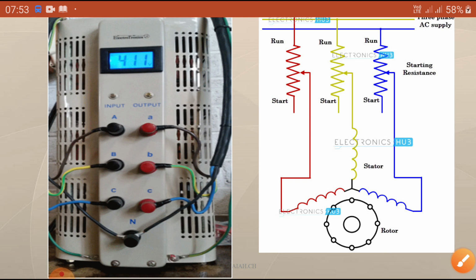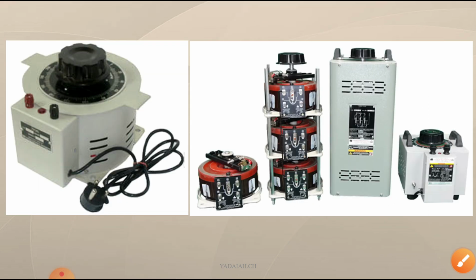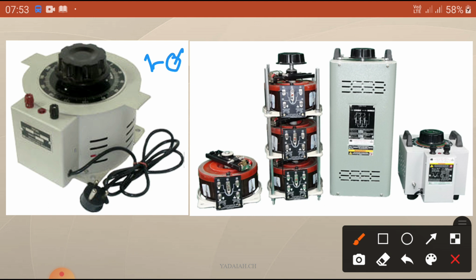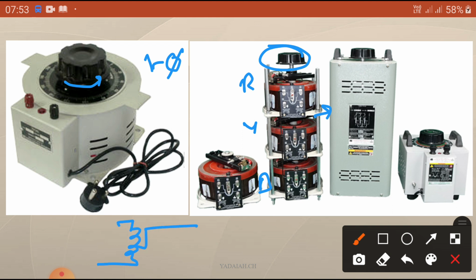Okay, now you can see the practical use. This is a single phase variac. You can observe it in our laboratory. By changing this knob, we change the number of turns. This is a three phase variac, with R phase, Y phase, B phase inside. By changing the common shaft, we can change the number of turns. What is the basic concept here? Here is the input, and this is the output with the jockey.